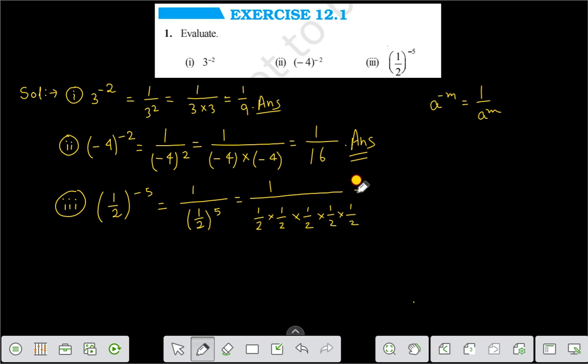So 1 divided by 1 by 2 to the 5, that is 2 fours are 8, 8 twos are 16, 16 twos are 32. Or you can write it here as 1 divided by 1 by 32, that is 1 into 32 by 1, and that is equal to 32, and that is the answer.